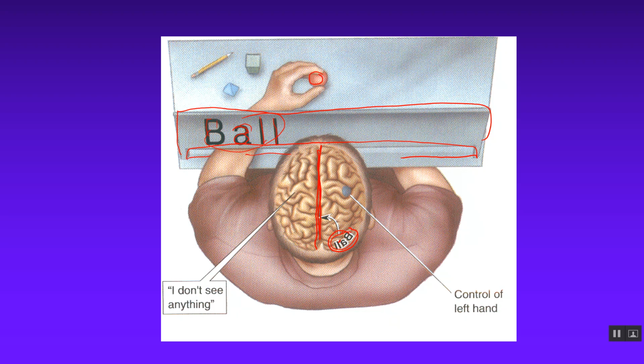They actually are seeing the word ball. It is registering in their brain, but they can't say what it is because they can't send that signal over to Wernicke's area, which would interpret that word as ball, and then send it up to Broca's area to say ball. They can't get the signal from that left visual field over.